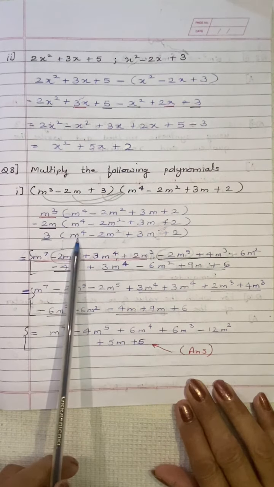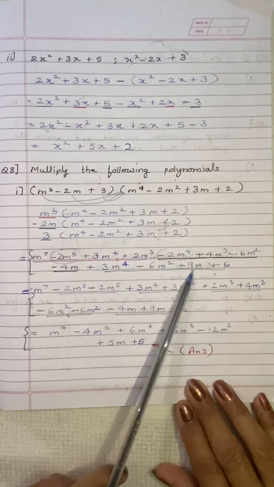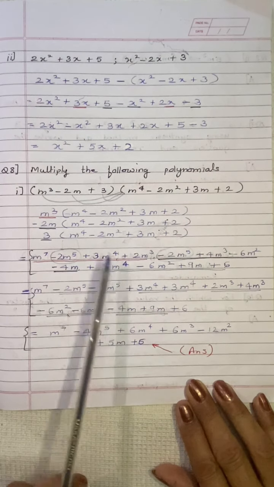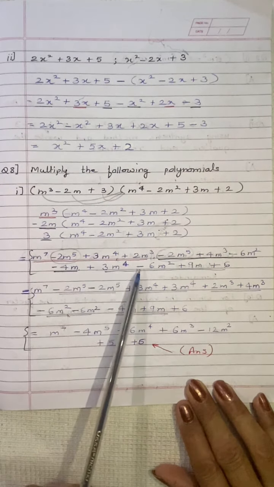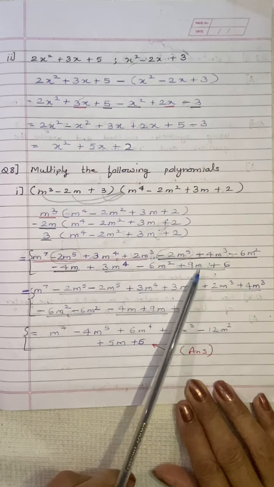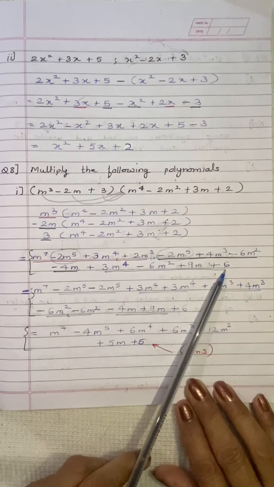Then again here we are asked to multiply all this, so we will just bring them together. So 3 into m raised to 4 is plus 3m raised to 4. 3 into minus 2 is minus 6m square. 3 into plus 3m is 9m, and 2 3s is 6.